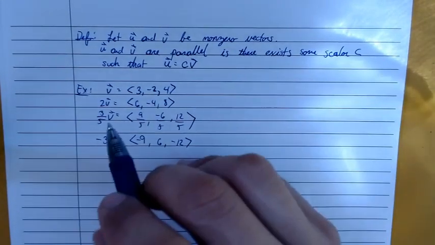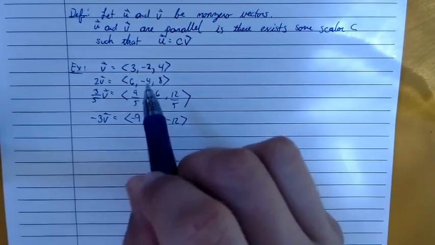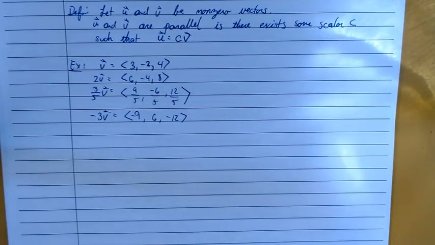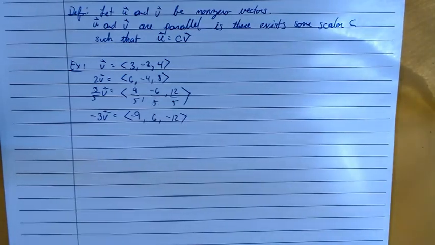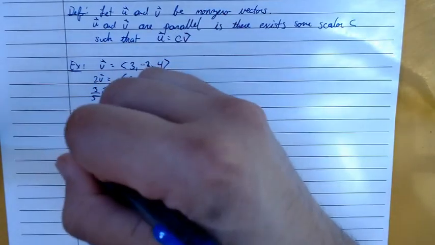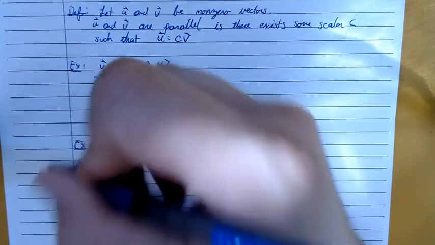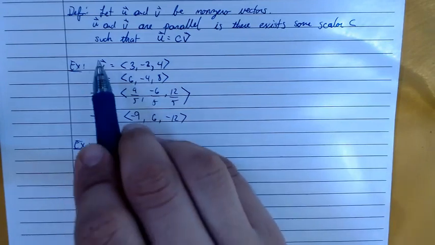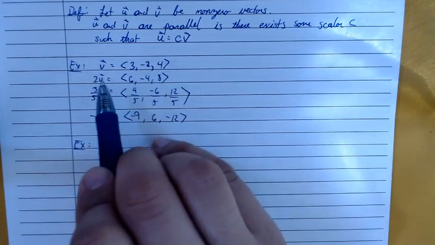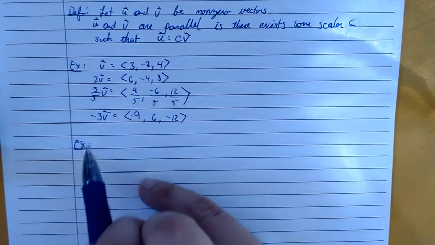Okay? Now, you can take two vectors and determine if they are parallel to each other by simply comparing the scale between their components. What I mean by that is, one thing is to say, yeah, I know that these vectors are parallel to each other because I can clearly see that I got one by scaling another one. But what if I didn't know that?